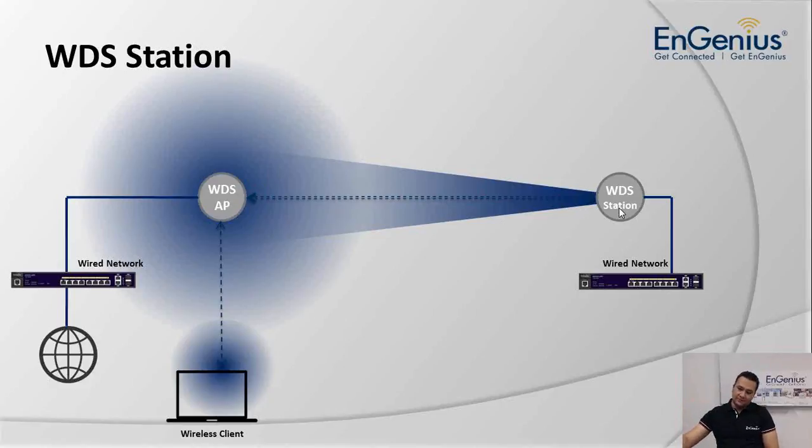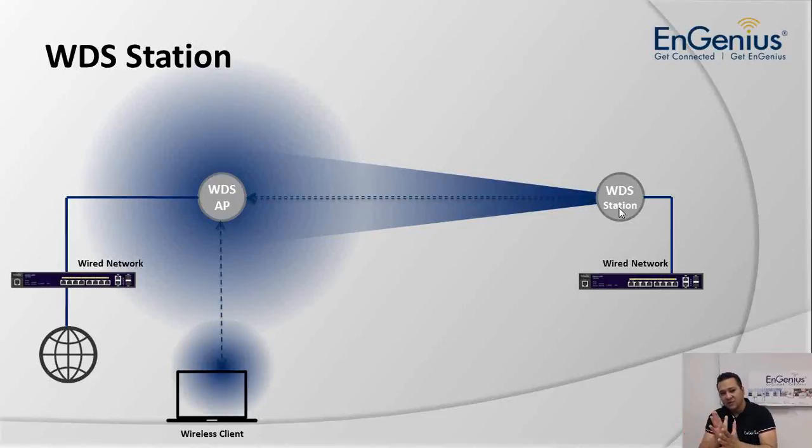Unfortunately, you still link up by the MAC address, but you still have to go through a construction of SSID, which is broadcasted by the WDS AP. So unfortunately, VLAN pass-through is not possible if you want to use a WDS AP and WDS Station deployment.